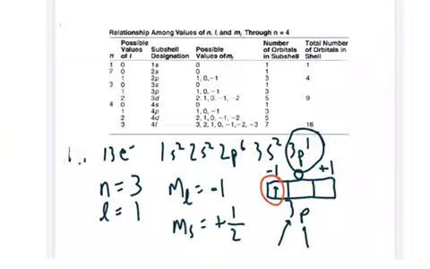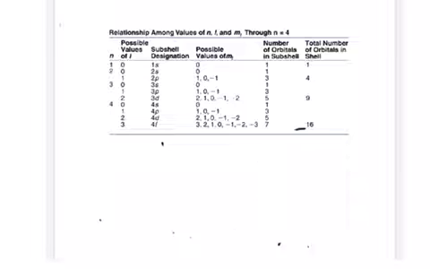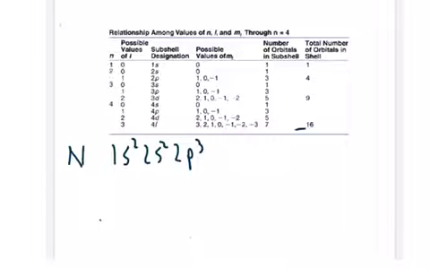Now let's try one more. Okay? And this last one, we'll look at nitrogen. Nitrogen is number 7, which is 1s2, 2s2, that's 4, 5, 6, 7.